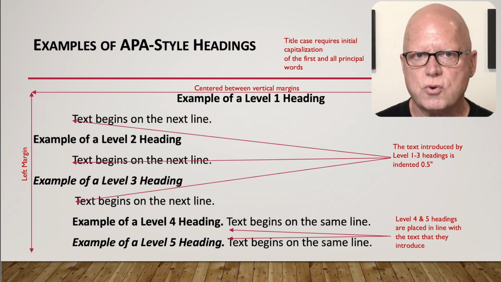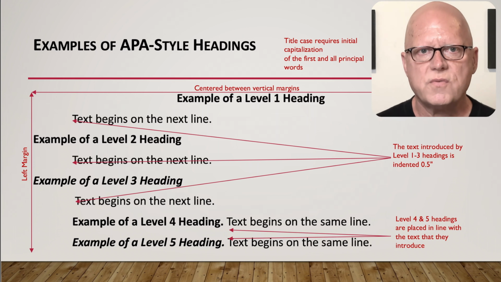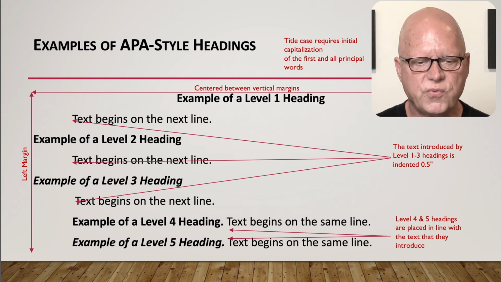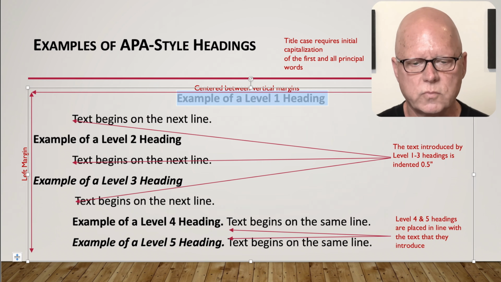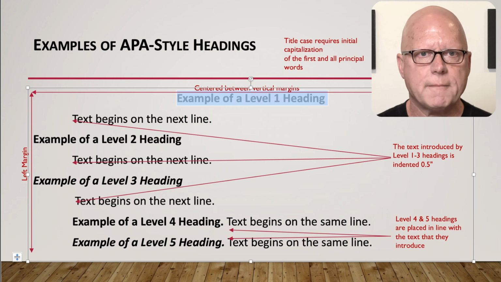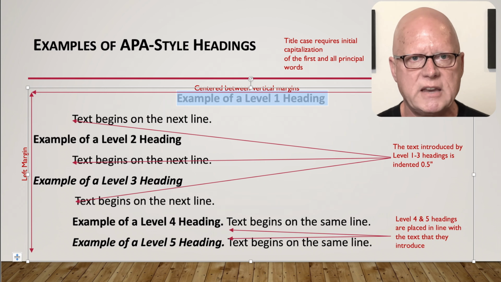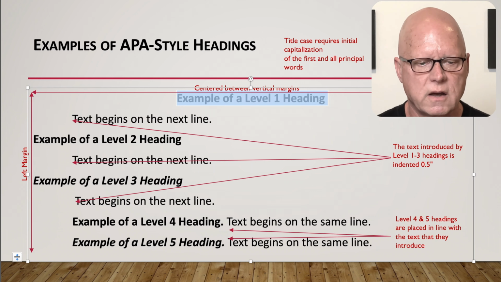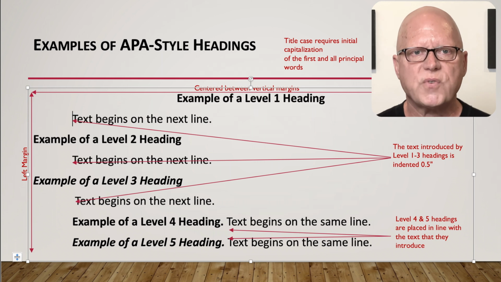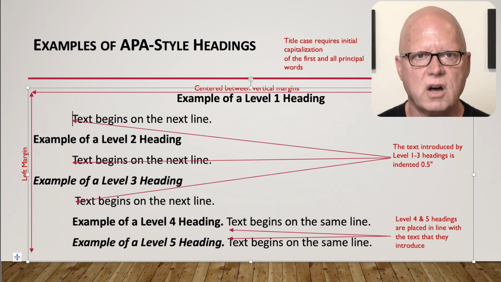Here I've attempted to create examples of each of the 5 heading levels. This first level is centered between the left and the right margins, bold, title case. Now, the paragraph text that immediately follows this heading, like all body paragraphs, has a first line indentation of 1/2 inch.